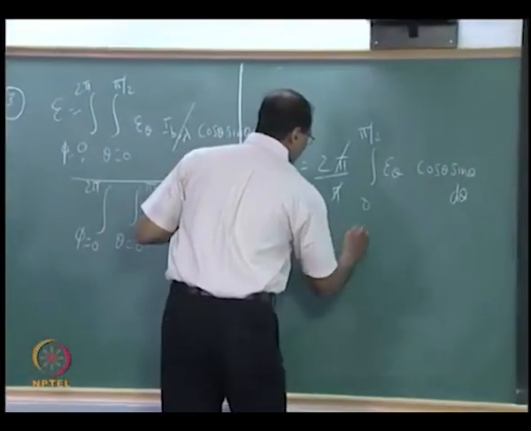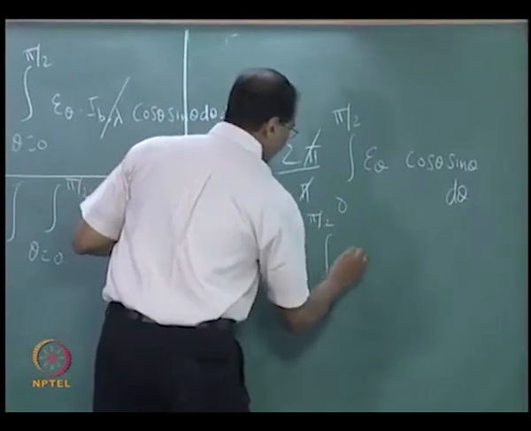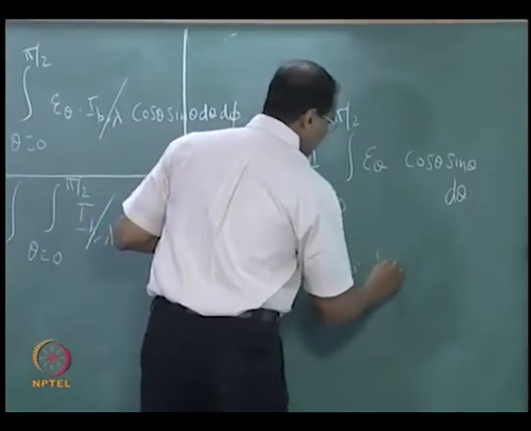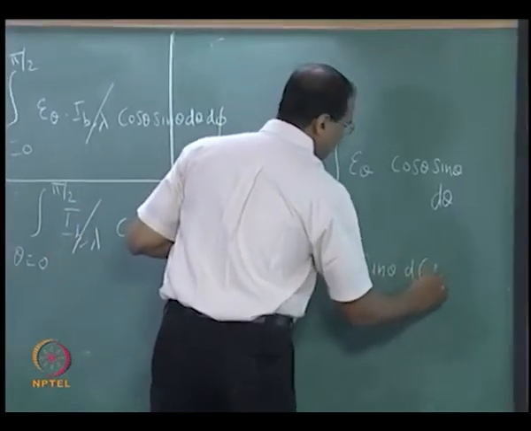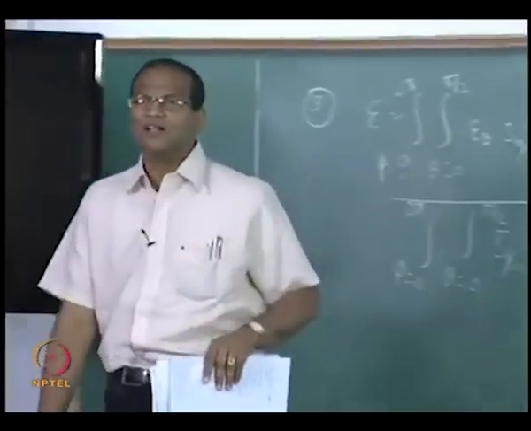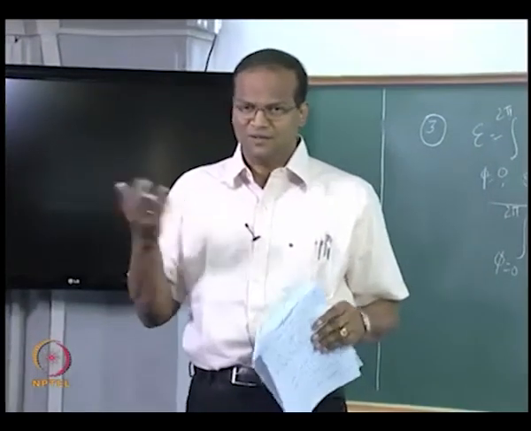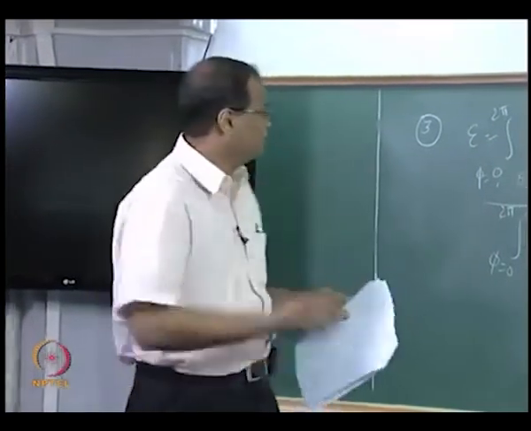So epsilon theta sin theta d of sin theta. Okay, there are several ways of doing it. Some people have done sin theta cos theta, sin 2 theta by 2, and then all that. Okay, so now you can substitute.